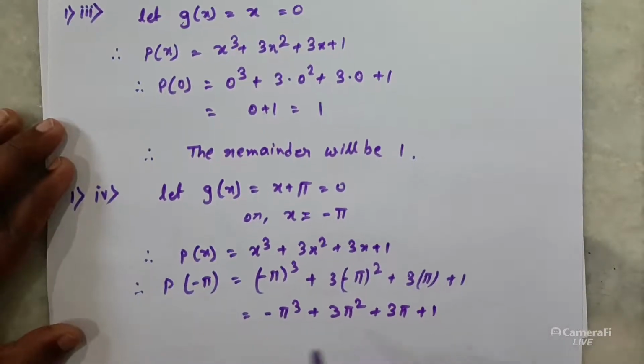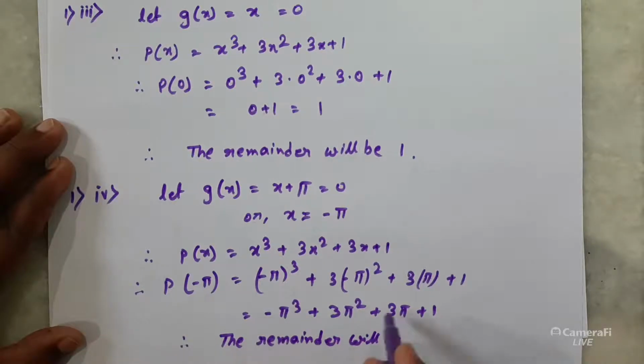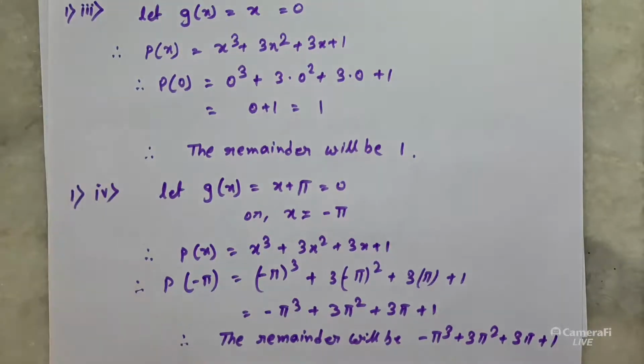So the remainder will be this much: minus pi cube plus 3 pi square minus 3 pi plus 1. So this will be the answer.